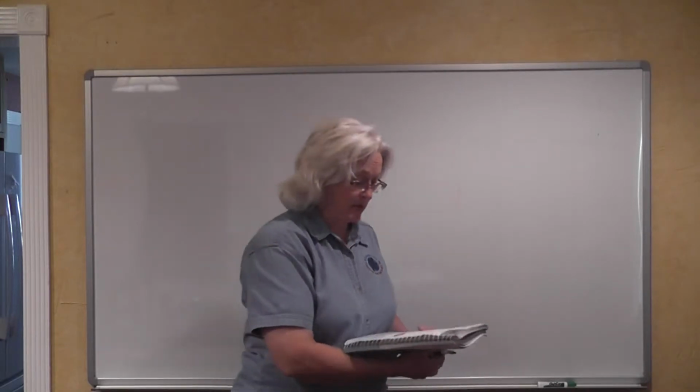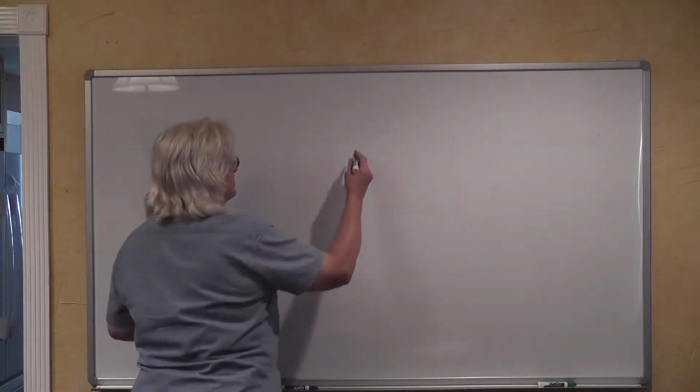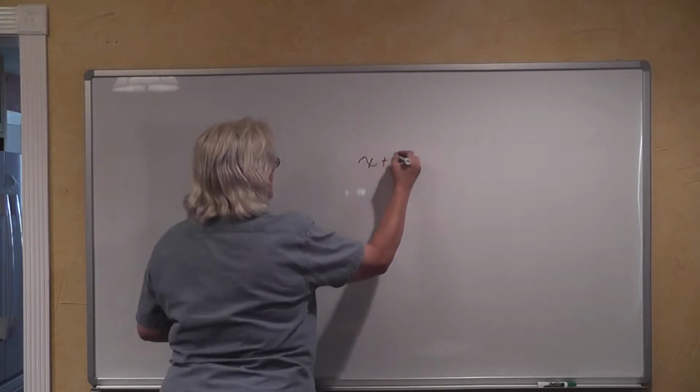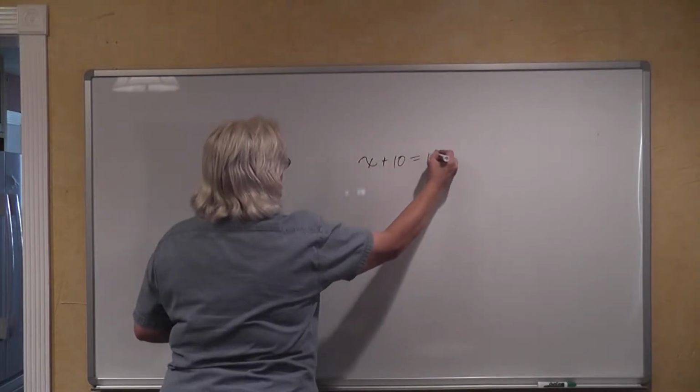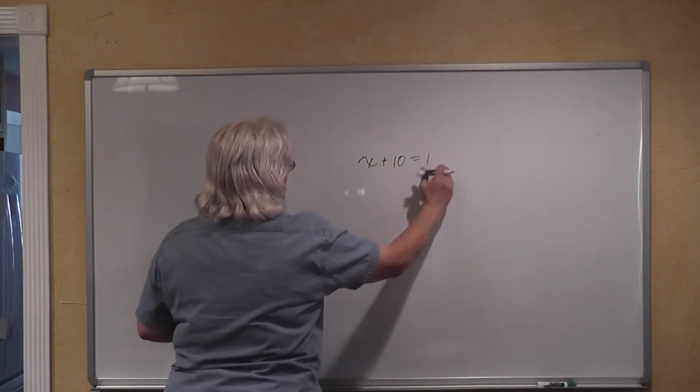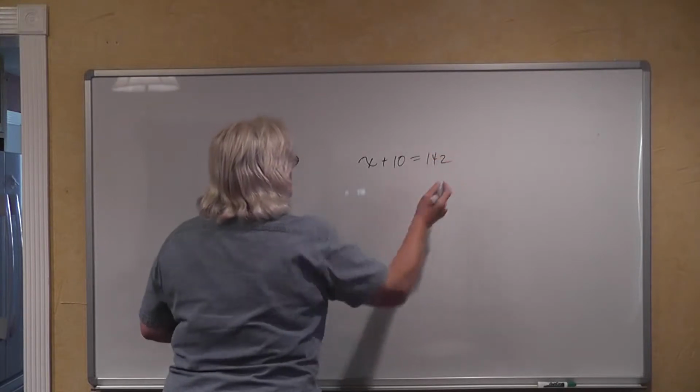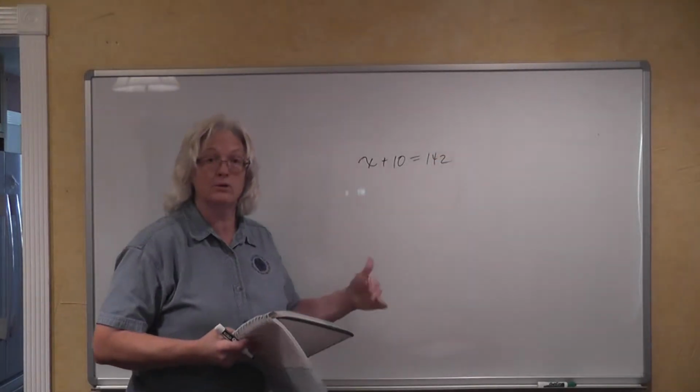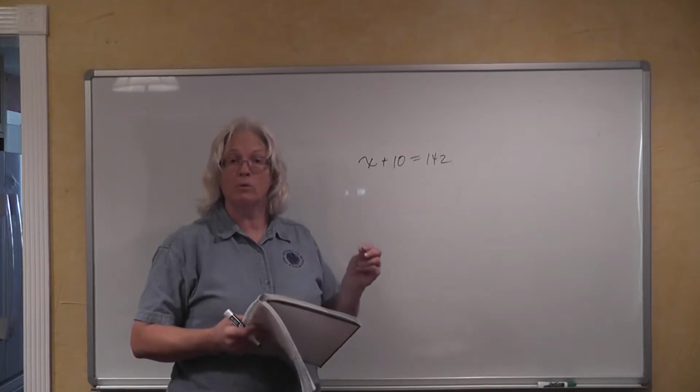So let's look here at page 130. It says, to solve an equation like x plus 10 is equal to 142. How are we going to solve this? We already know that the solution here is 132. But what do we do?